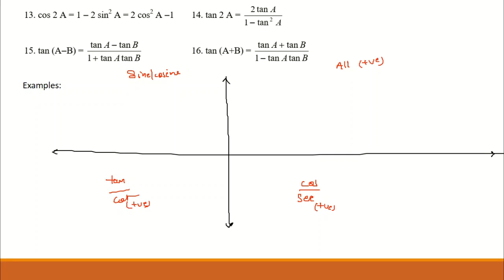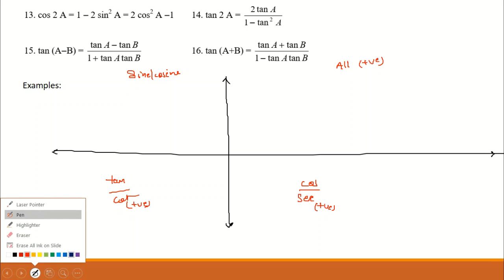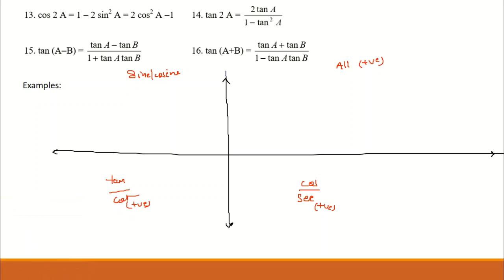Now, for understanding, we will take this as a vertical line, and I consider it the odd part, and this as the even part, and this is my horizontal line.